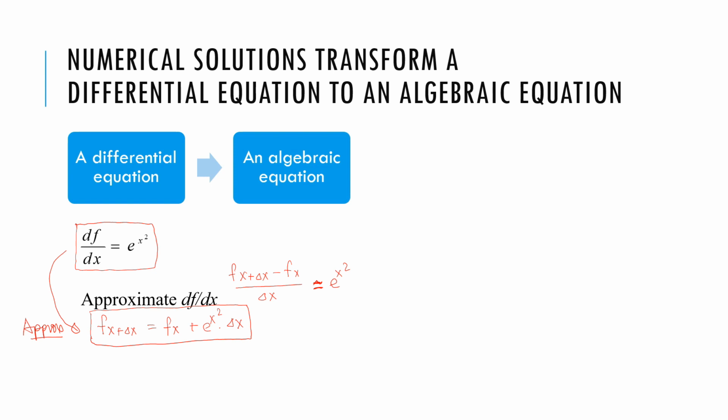And so if we will use this new solution to plot the function f versus x, we need an initial condition where we can start from. So at x equal to 0, f at 0 is 1.